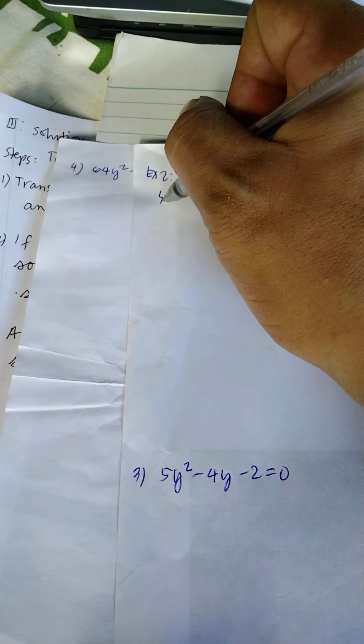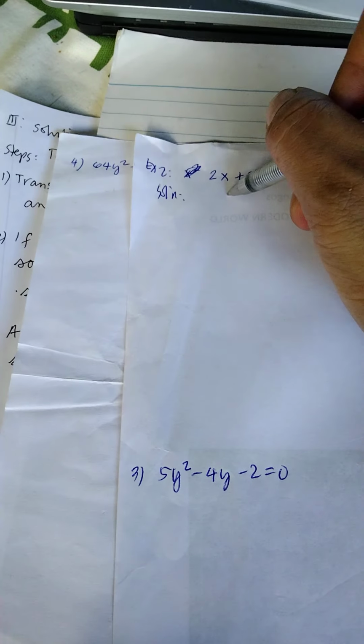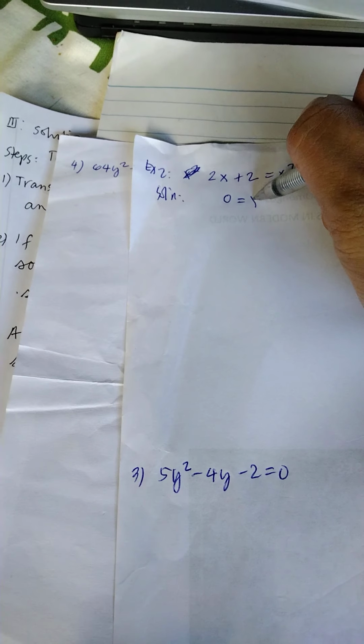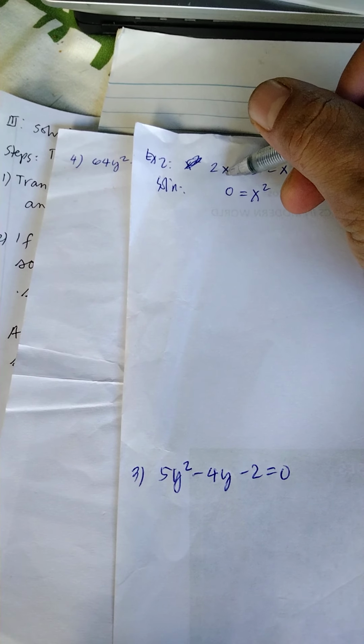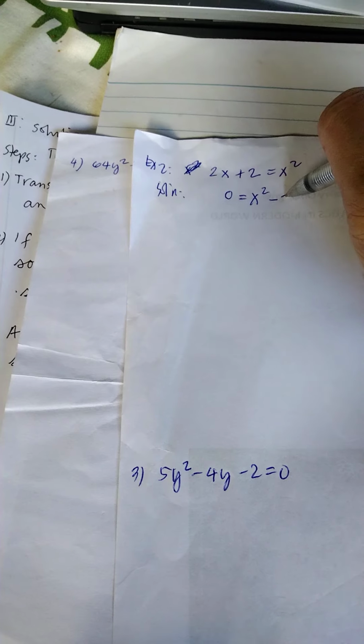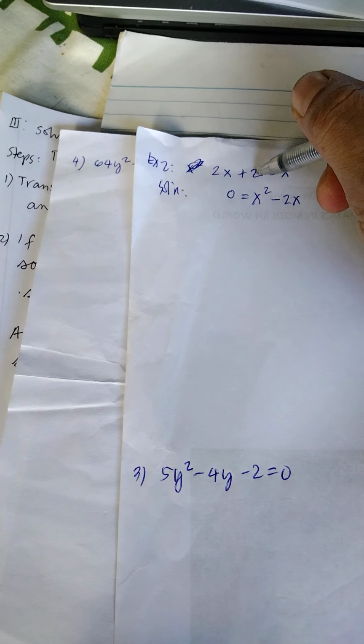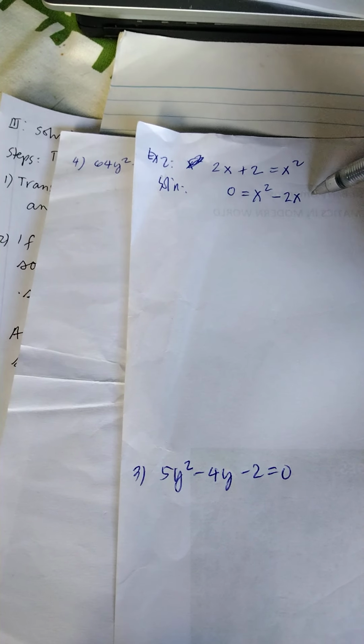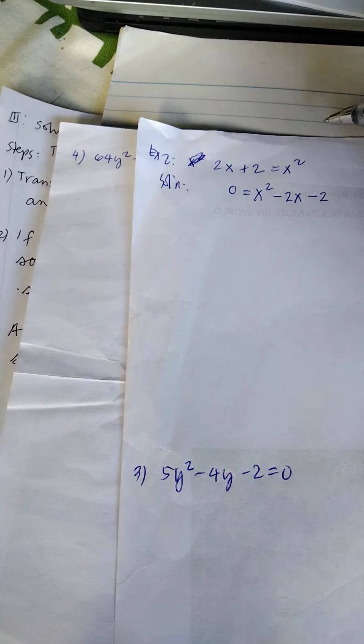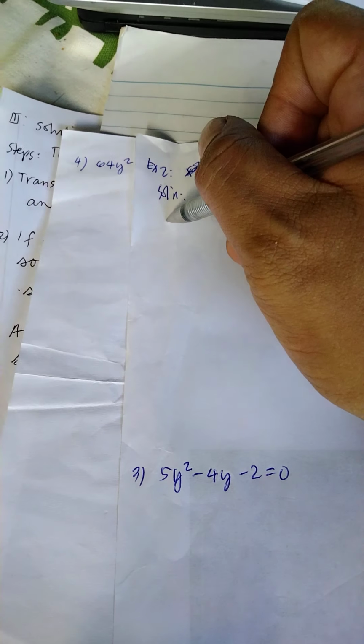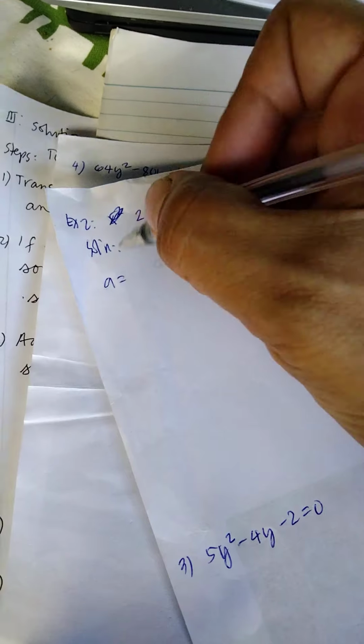So this would be 0 is equal to x squared, and 2x will transpose to the right side. That becomes -2x. Positive 2 will be transposed to the right side. That becomes -2. Okay, so identify. Our A now is 1.